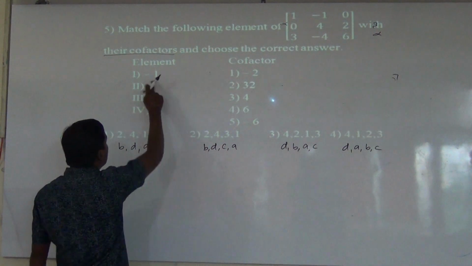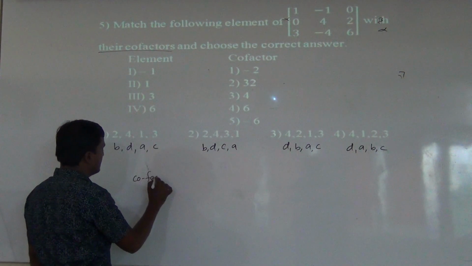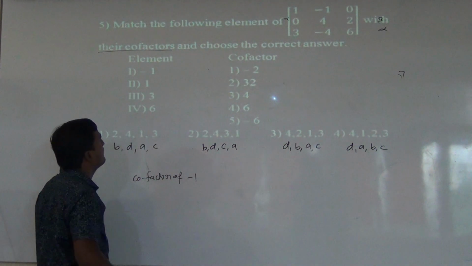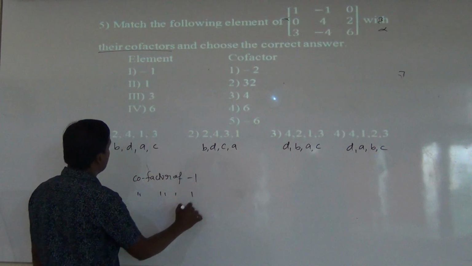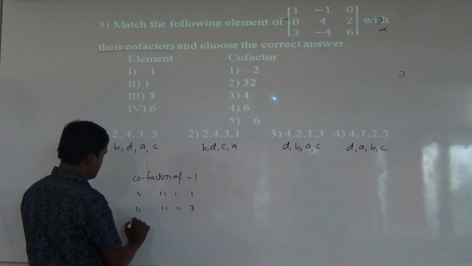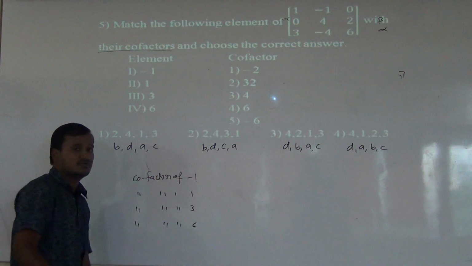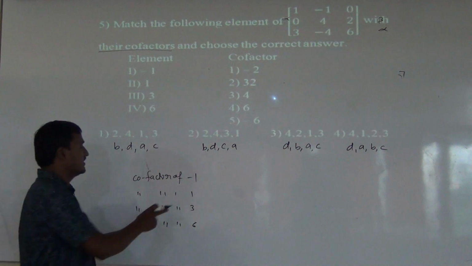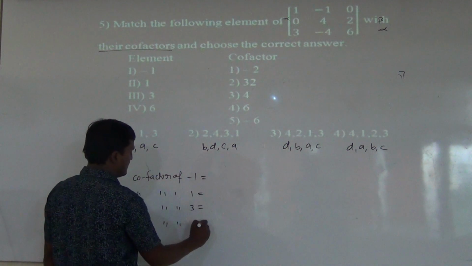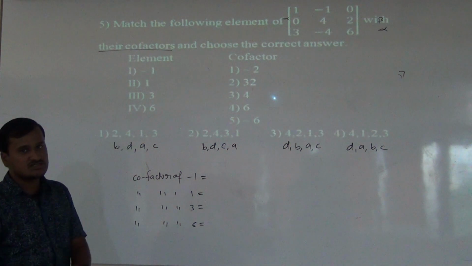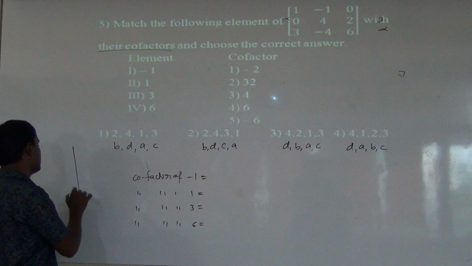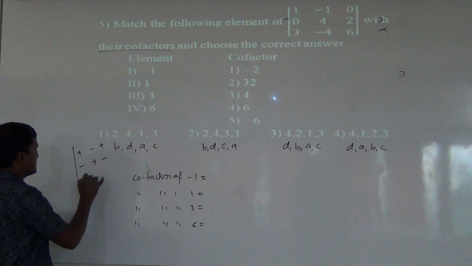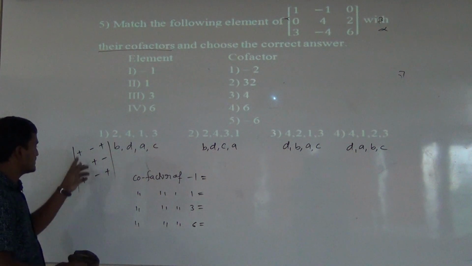First I should take the cofactor of -1, cofactor of 1, cofactor of 3, cofactor of 6. To write the cofactor, you know the sign convention. If it is a matrix of order 3 cross 3, plus minus plus, minus plus minus, plus minus plus, we should use this sign notation.